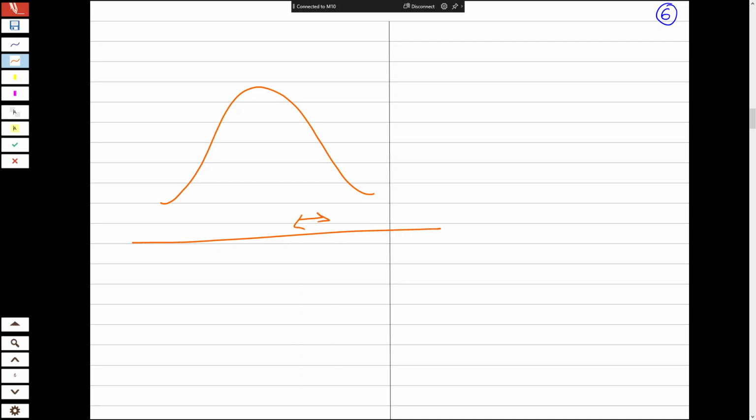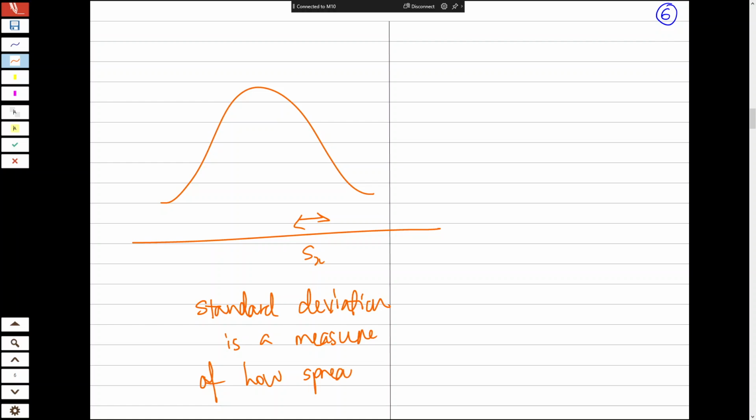Standard deviation is a measure of spread. If I made the standard deviation larger, then the curve would be sort of like this. Fat, I don't know if fat is the right word, but it would be wider. That is to say, more spread out.